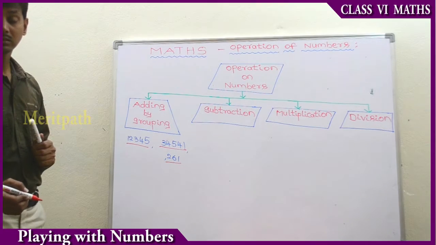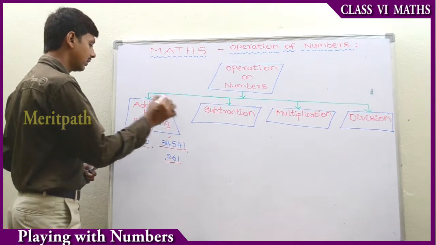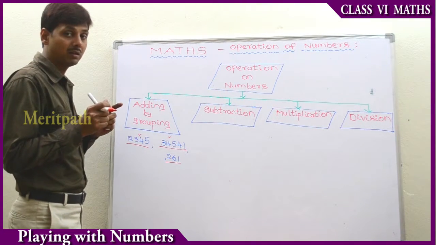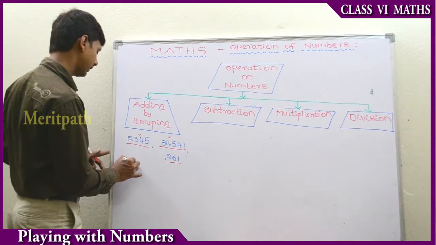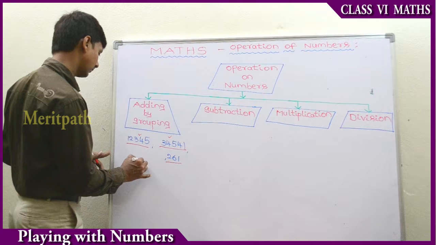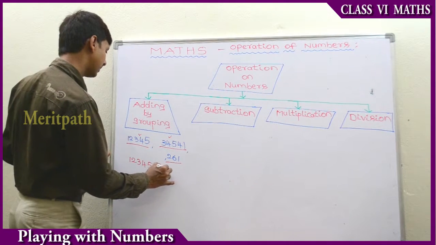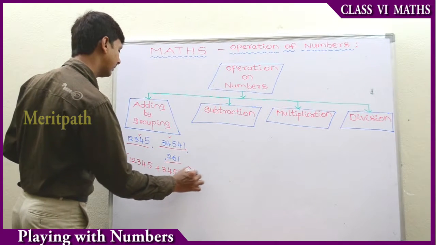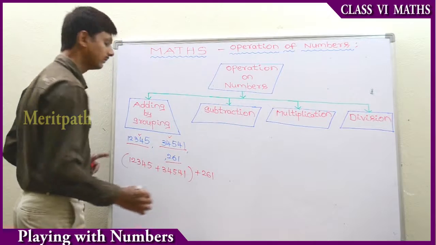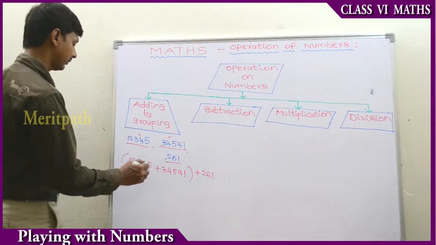In this case, we'll take these two numbers because they look similar in place values. So let's take these two numbers and add them by grouping: 12,345 plus 34,541, added with 261.